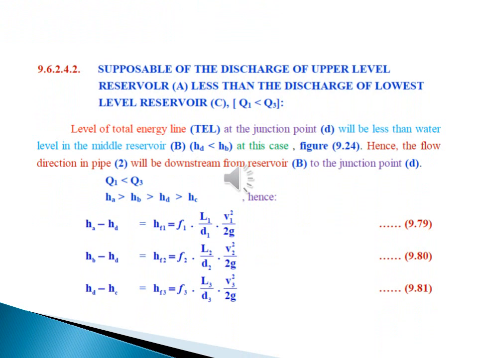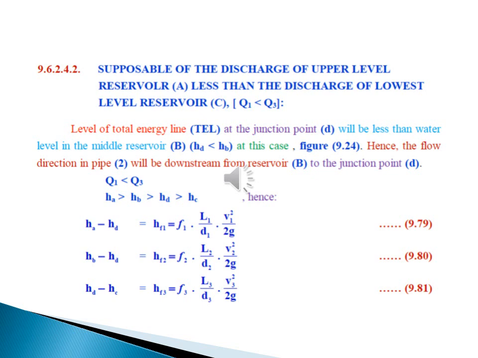Suppose the head of the upper level reservoir A is less than the head of the lowest level reservoir C. The level of the total energy line at the junction point D will be less than the water level in the middle reservoir B in this case.